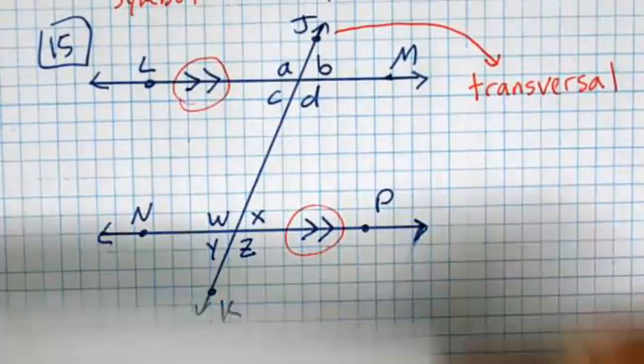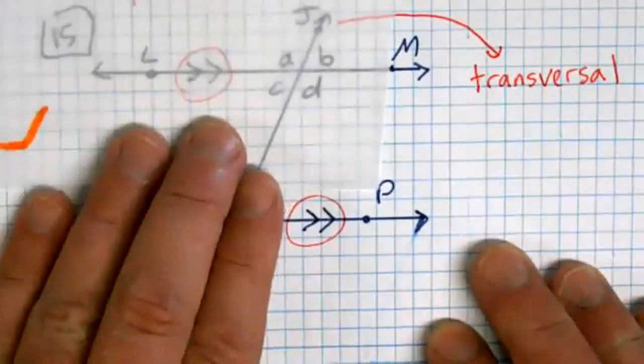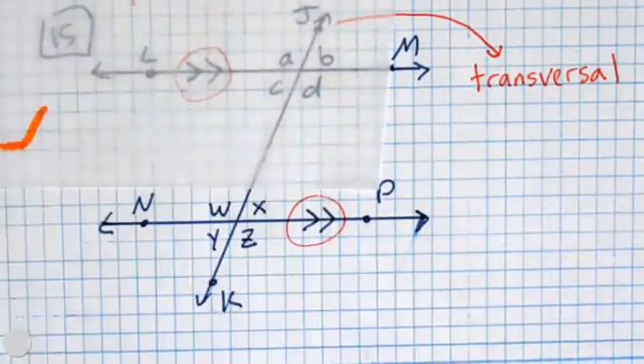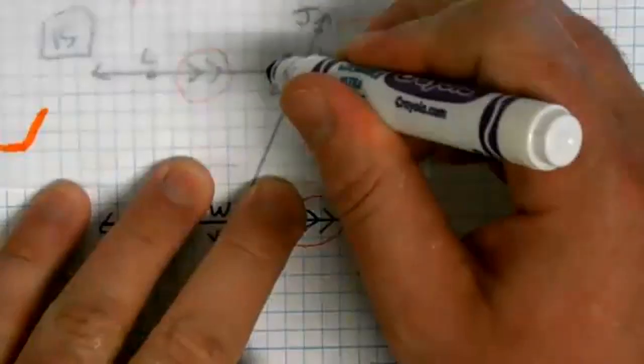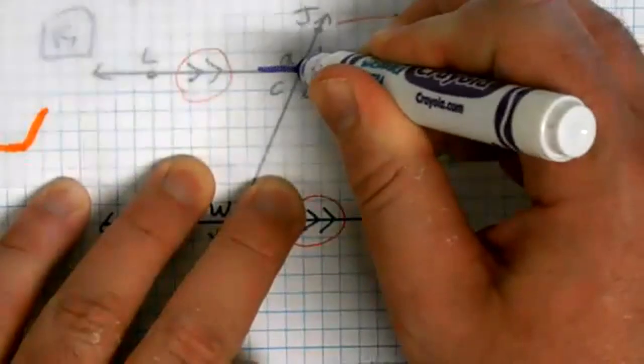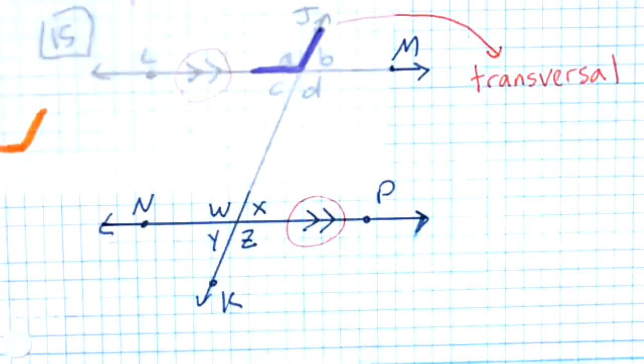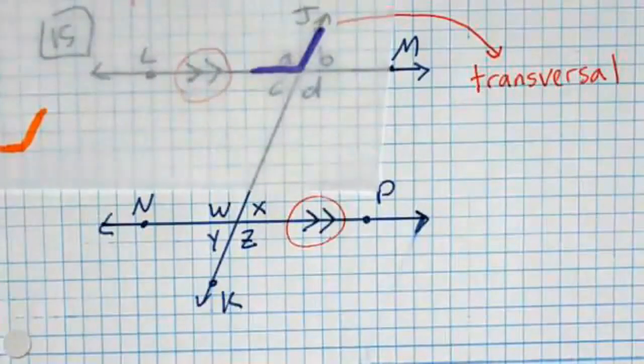All right, go ahead and take your tracing paper and put it on top of that top intersection there. And I would like you to trace off angle A. Just angle A. All right.